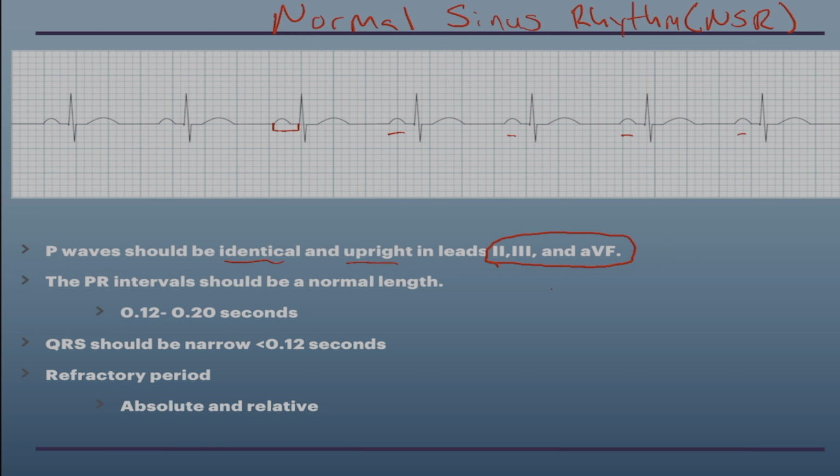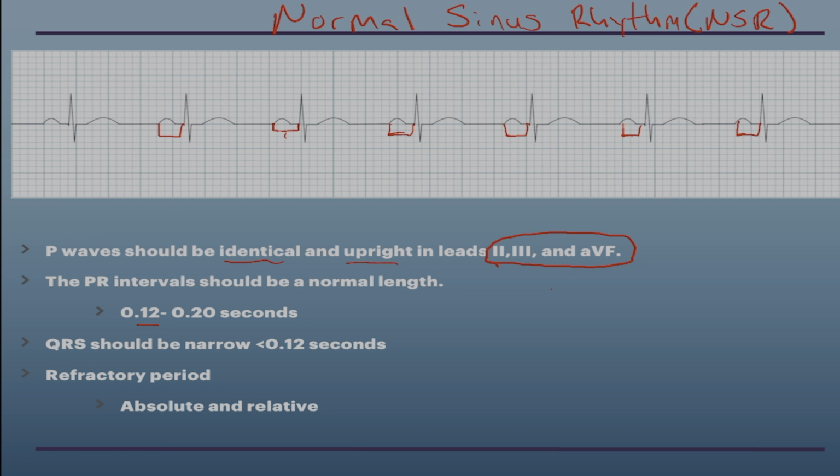So 3 small boxes is within normal parameters because that's 0.12 seconds. So my PR interval in a normal sinus rhythm should be constant throughout the rhythm. So if I measure each of these PR intervals, they should be about the same length, 0.12 seconds. That would be a constant PR interval.